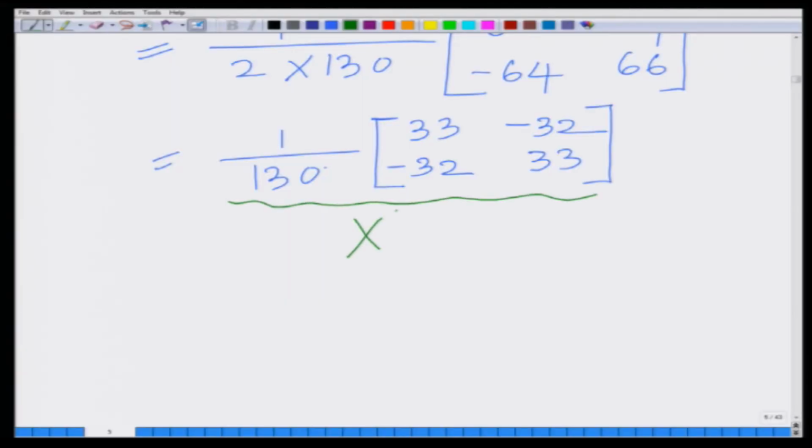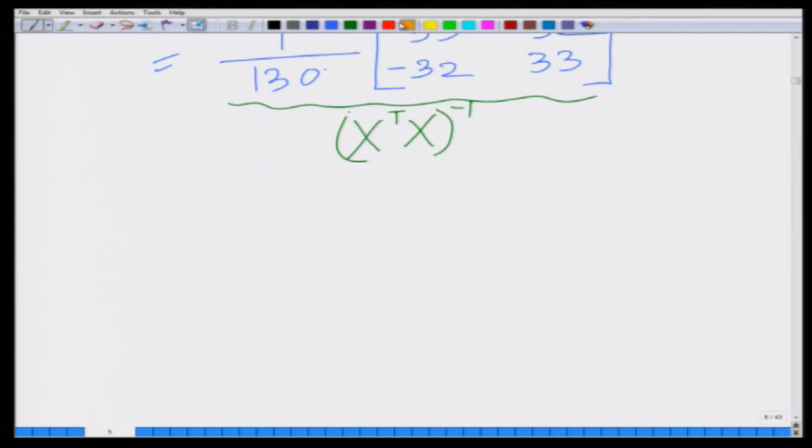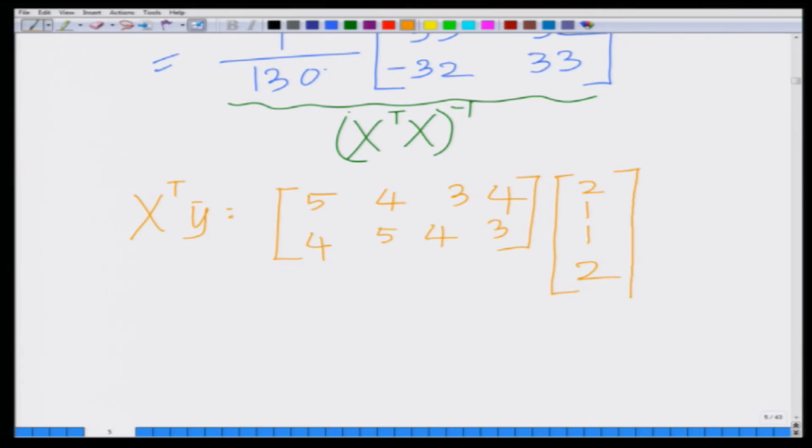Okay. So, this is basically your x transpose x inverse. Now, the other quantity that we need to compute is basically x transpose y, and that can also be computed as follows: x transpose y bar equals 5 4 3 4 4 5 4 3 times 2 1 1 2, which is basically equal to this vector 25 23.